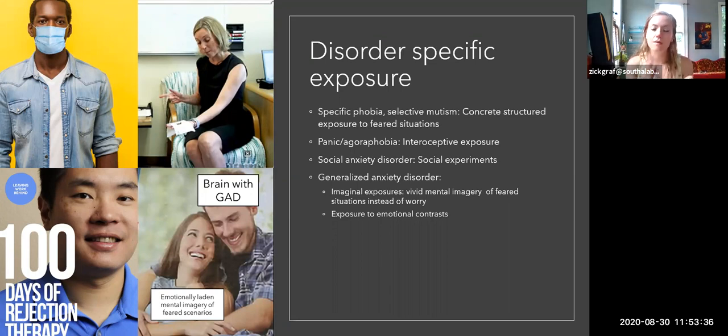So exposure would look like getting someone to try to have a vivid emotional experience associated with something that they worry about. Like the example with someone who worries about their partner's health, instead of worrying and thinking about how bad it would be if they had dementia, really trying to have an emotional experience, really try to project their emotions into that future that they worry about.